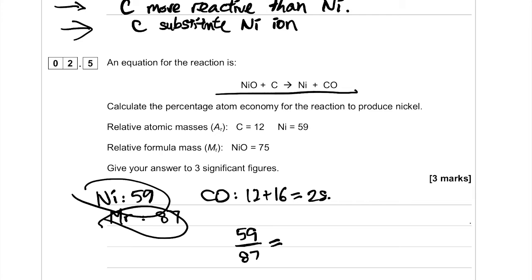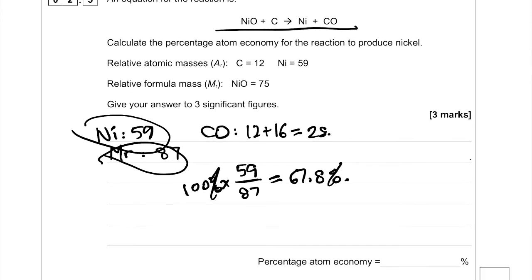And if we use the calculator, we should get roughly 67.8%. Make sure you multiply by 100% to get the proper unit, otherwise you're going to get 0.678.